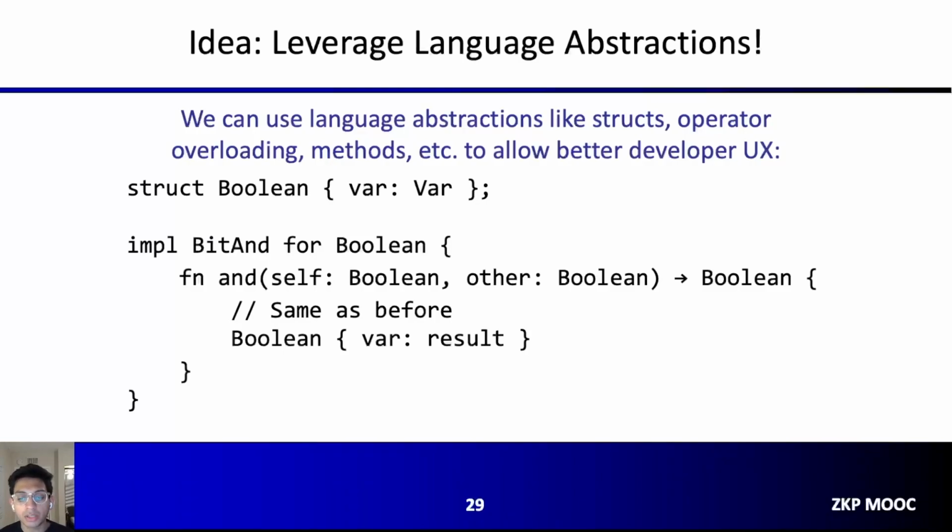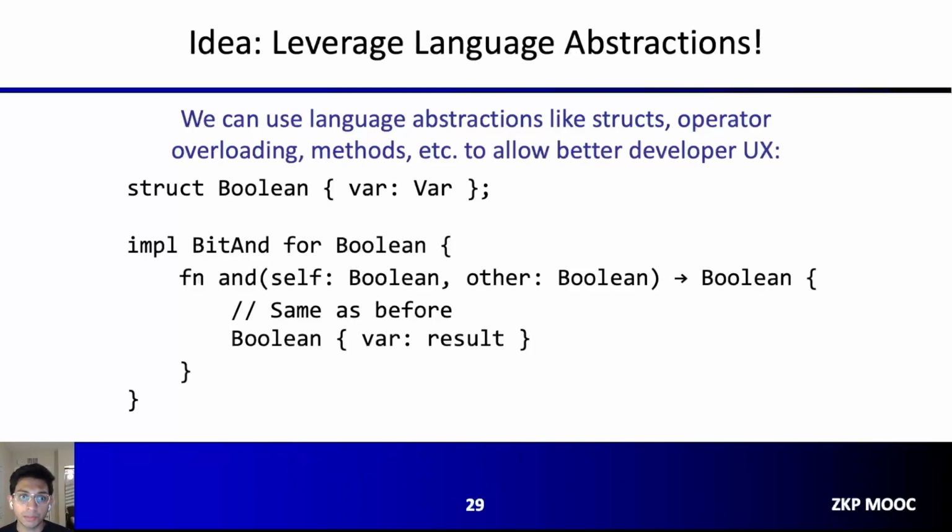So instead of programming our computations just by manually enforcing constraints and declaring new variables and so on, we instead want to leverage the power of the host language, Rust for example, to abstract away these low-level operations. Because our host language provides abstractions such as structs, enums, operator overloading, methods, and many more, we should use these to allow better developer UX.